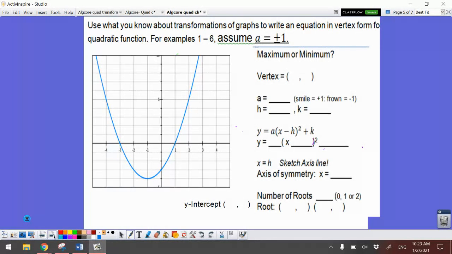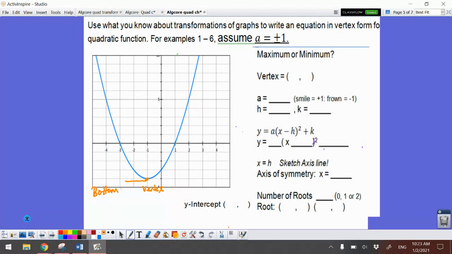Okay, so now based on all that, we're going to identify all of our pieces here and come up with a couple new equations, determine our roots, come up with our axis, all those pieces. So let's start with, is this a maximum or a minimum? Well, I see that my vertex is right here, and that is a bottom.